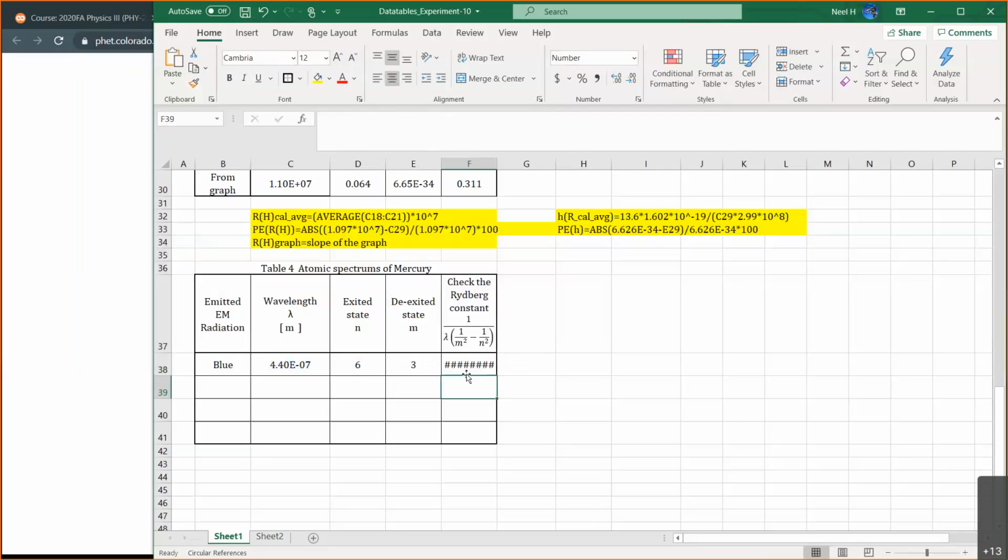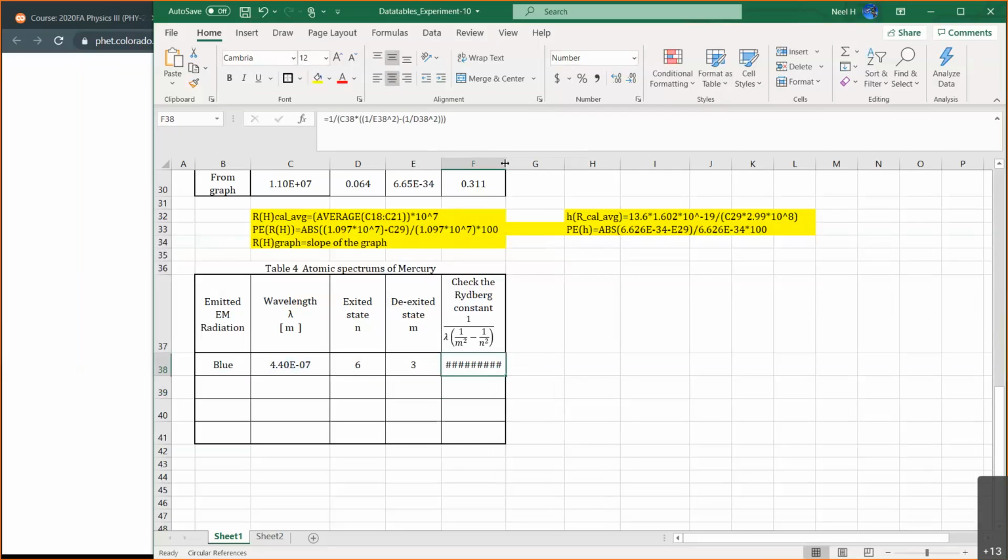Hit enter. If it shows hashtags, that means the cell may not be large enough.